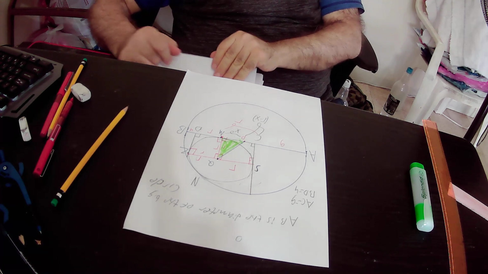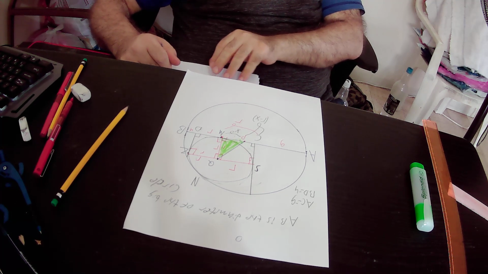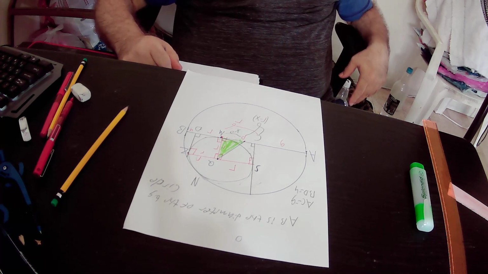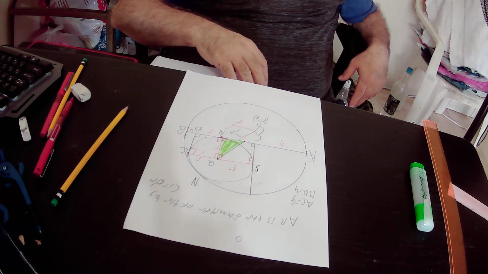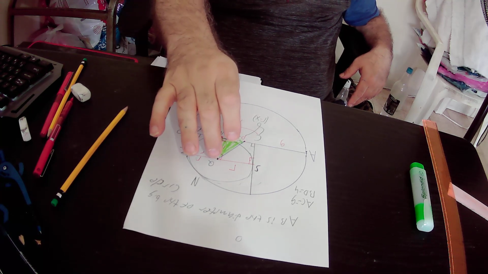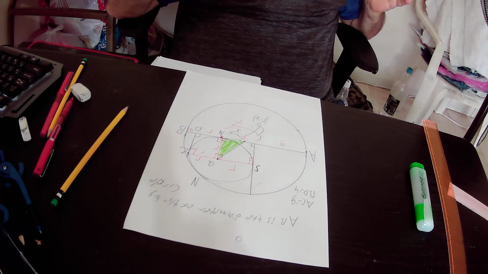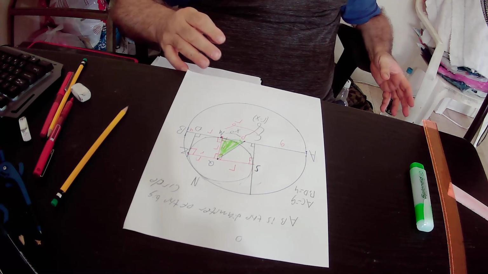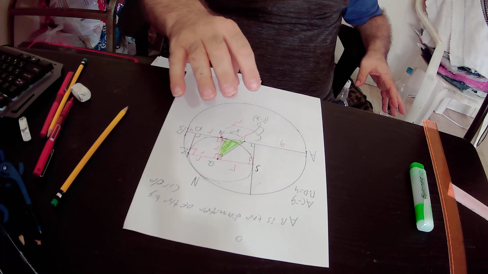Okay, so we actually built 3 radii of the small circle from the center of the circle, that is to say from point Q to the points of contact between the tangents to this circle and the circle.